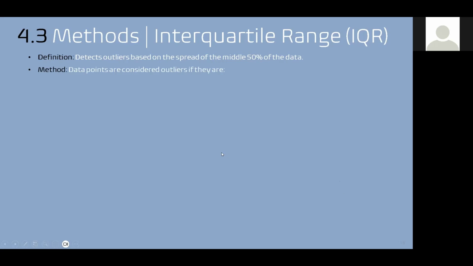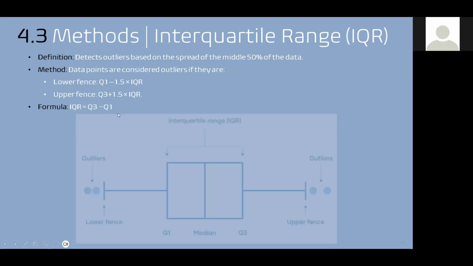Outliers are considered when they are below the lower fence, or above the upper fence, and that's how the formula works. To get the IQR, from quartile 3 we have to subtract quartile 1.